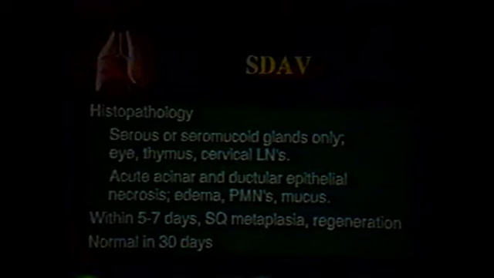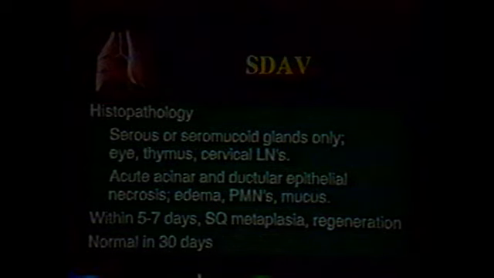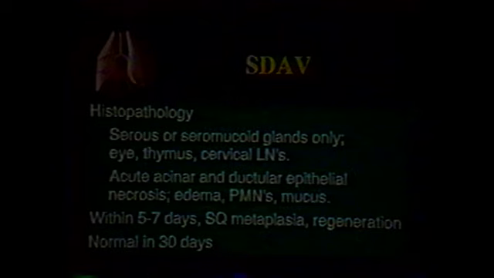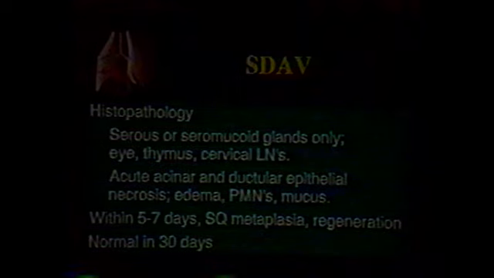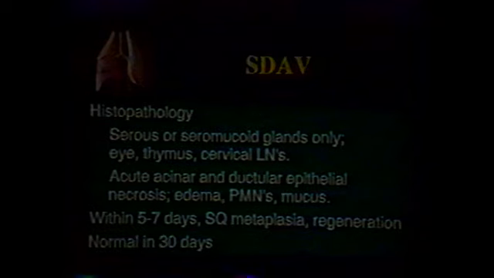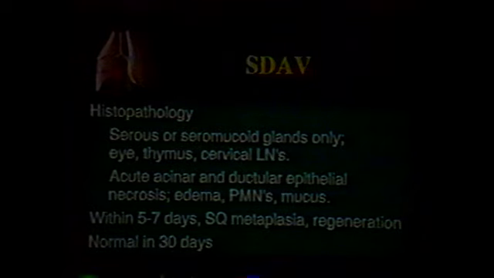As we go through the evolution of the lesion, it begins with epithelial necrosis, both acinar and ductular, and with that associated neutrophilic inflammation and a serous, maybe seromucoid edema.